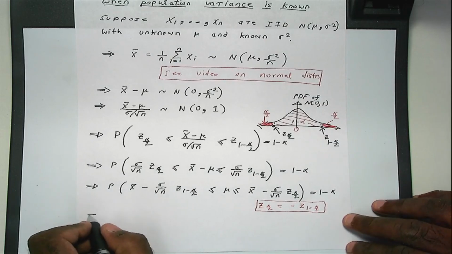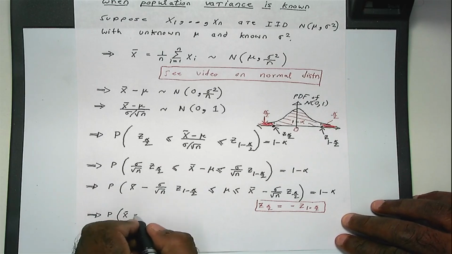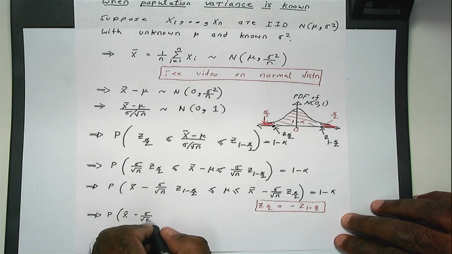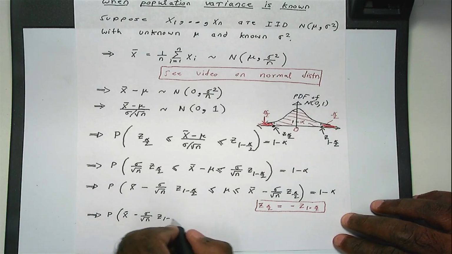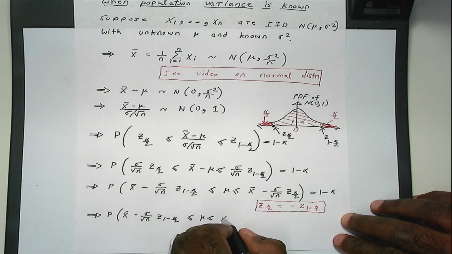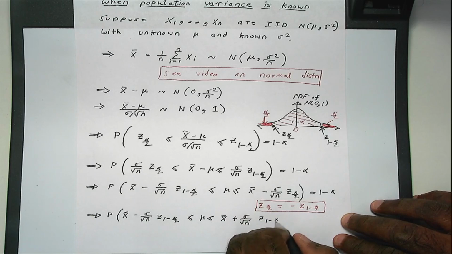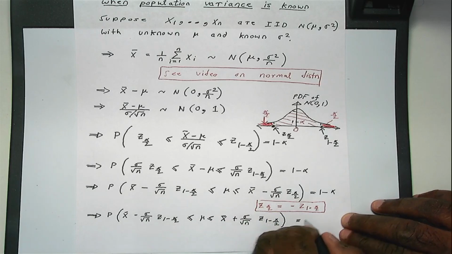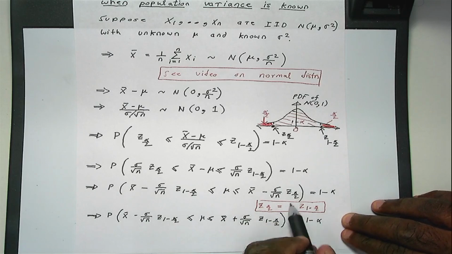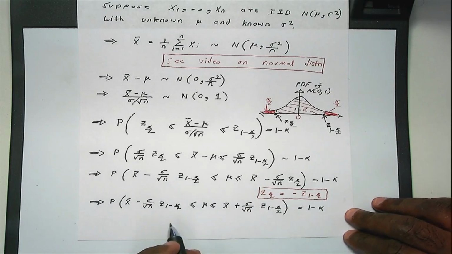So what you get is the probability that x bar minus... So I'm using this fact to replace this by this, right? So according to the definition I gave you in the previous video, we have a confidence interval for mu. So the conclusion is the following.